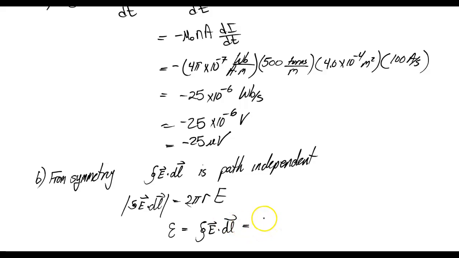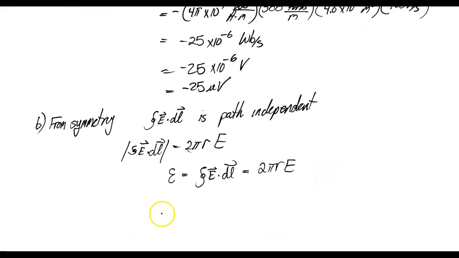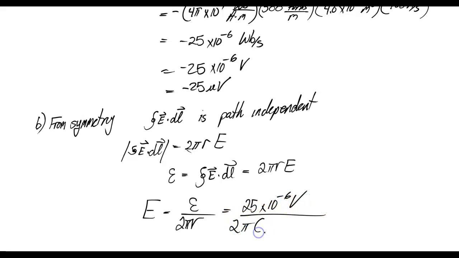So the EMF is going to be 2 pi r times E, which means that E by itself, the electric field, is the induced EMF over 2 pi r, 25 times 10 to the minus 6 volts over 2 pi times the radius of 2 centimeters. And this gives us about 2.0 times 10 to the minus 4 volts per meter.